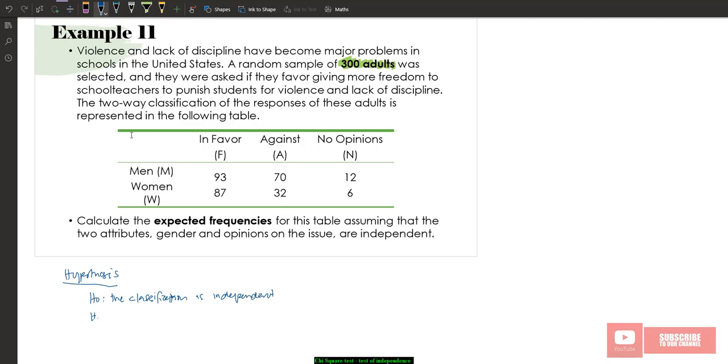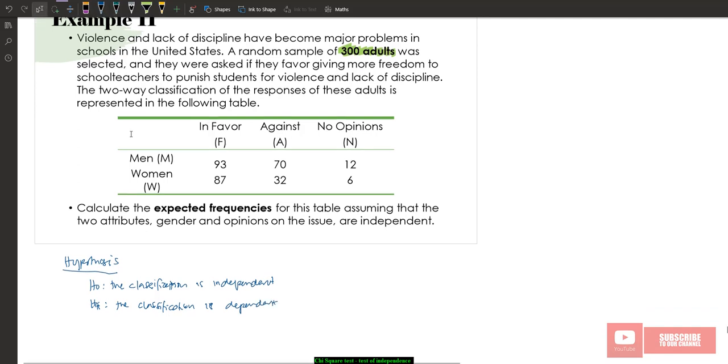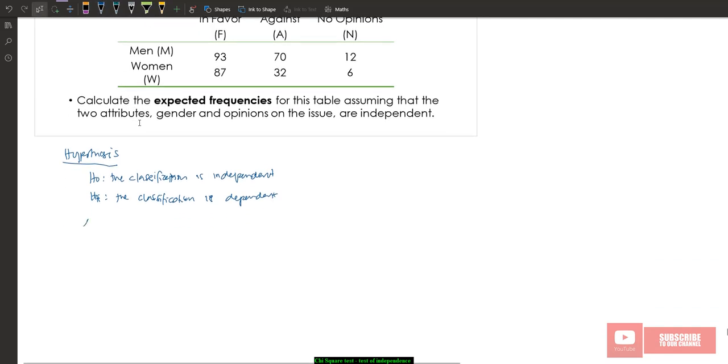The alternative hypothesis, which is HA: the classification is dependent. Right. So now let's assume our alpha is 0.05.